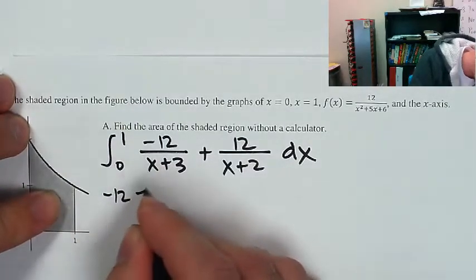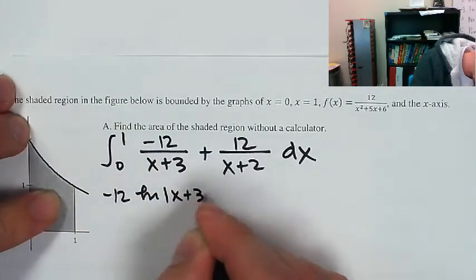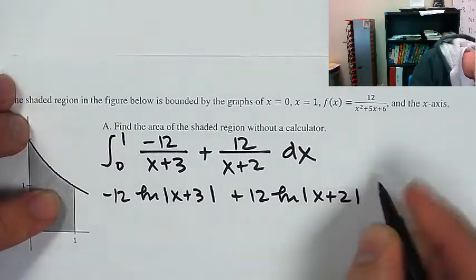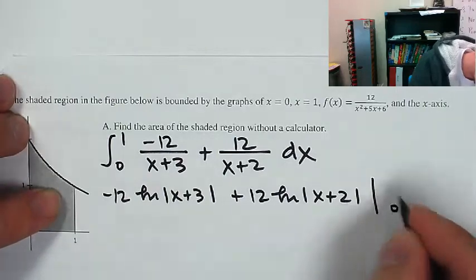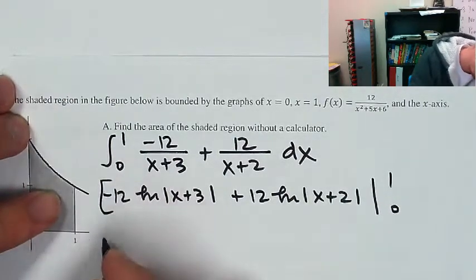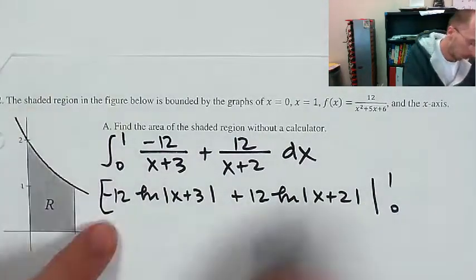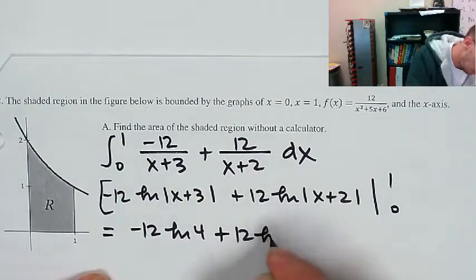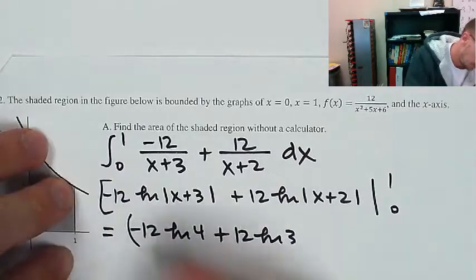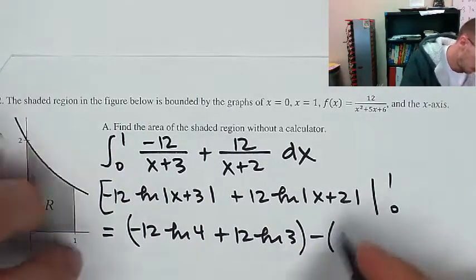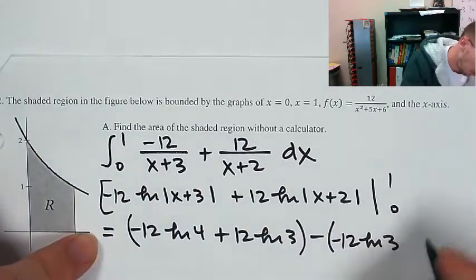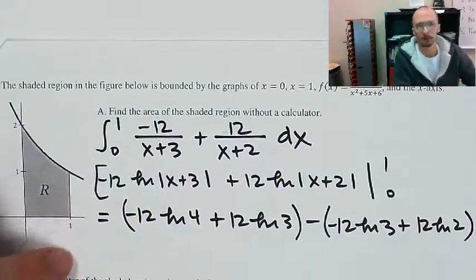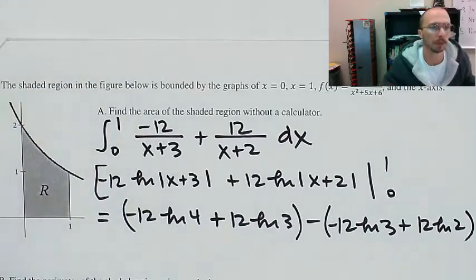Anti-differentiate. Let x run from 0 to 1. So when x is 1, I've got negative 12 log 4 plus 12 log 3. And then when x is 0, I'll have negative 12 log 3 plus 12 log 2. And for our purposes, that's just going to be the area of the shaded region.